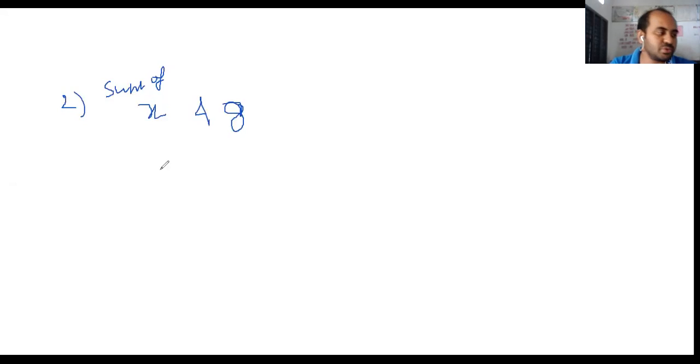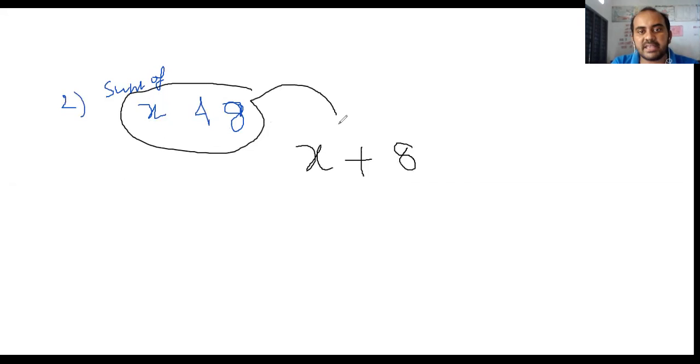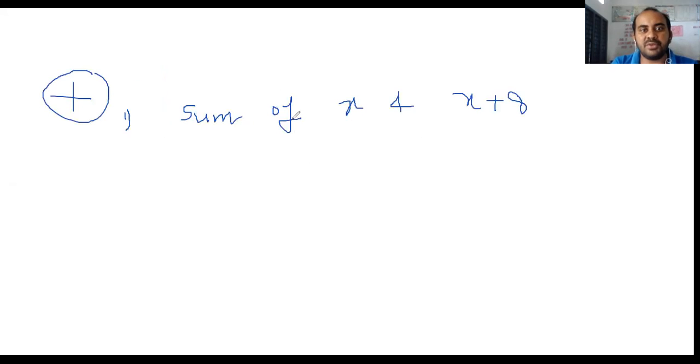Problem number 2: now see here, I'll change the pen. X plus 8, the sum means what? Addition. The addition of whom? Here is x and here is 8. The sum of x and 8 is x plus 8. You have to write it like this. Now tell me the answer for this question: sum of x and x plus 8.